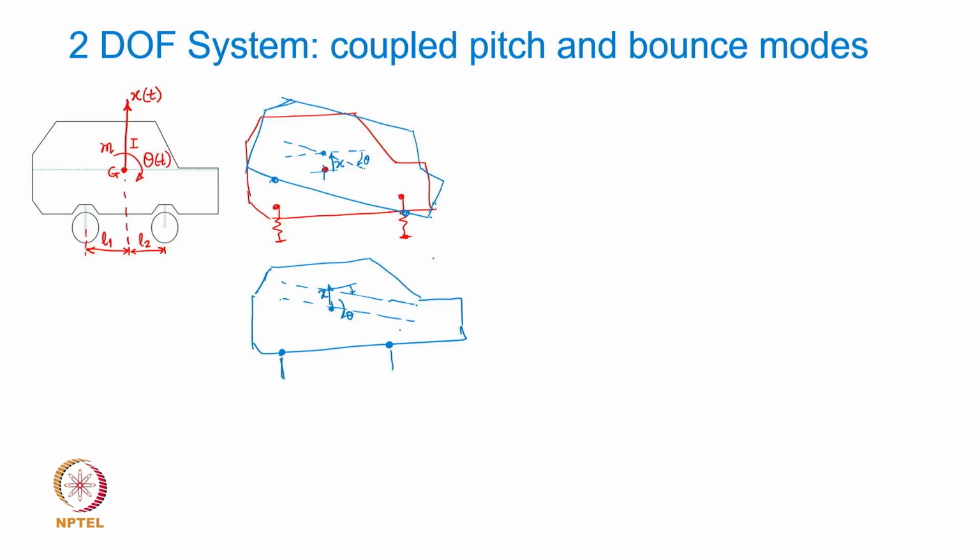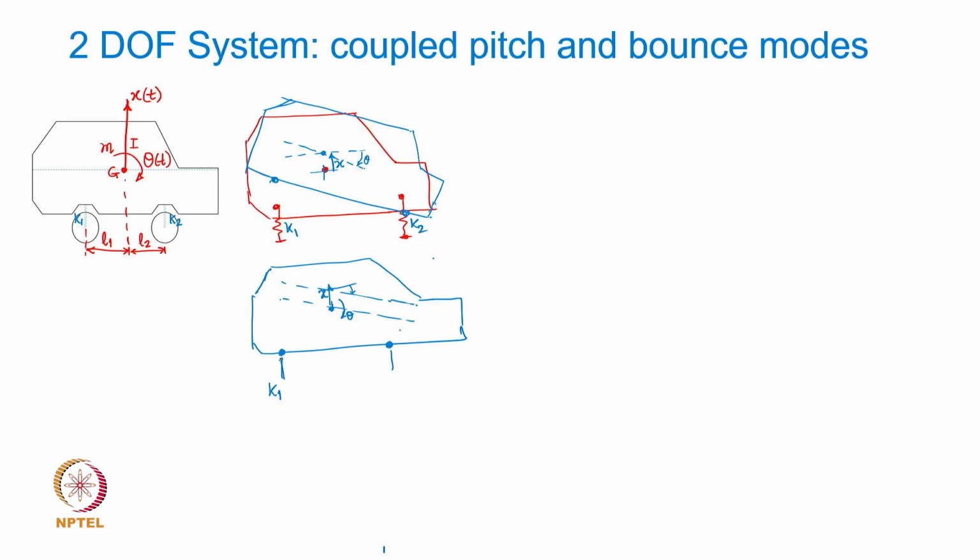So if I call this spring or suspension stiffness K1 and this one K2, then K1 is your spring stiffness here and K2 there.